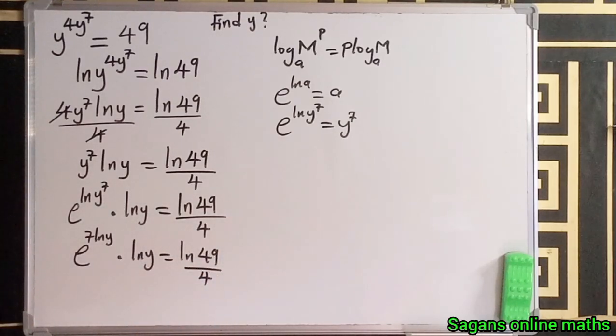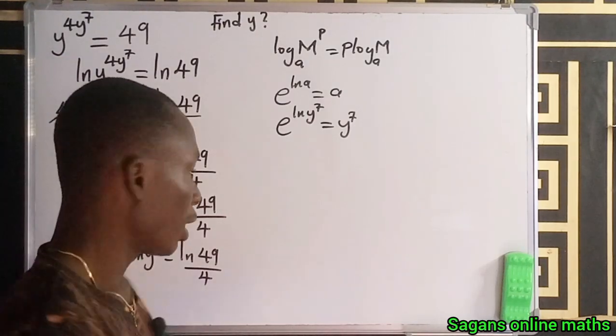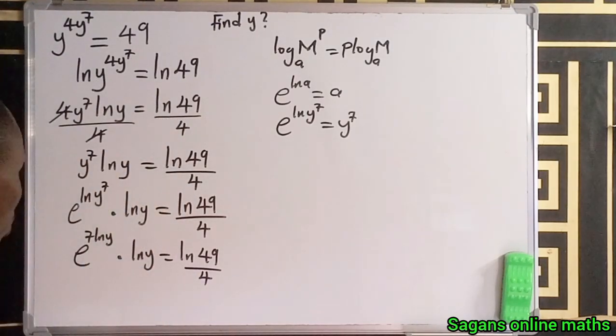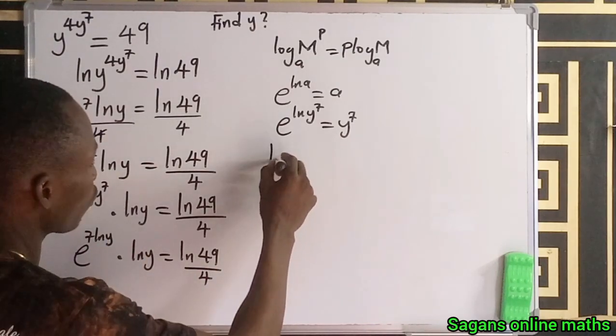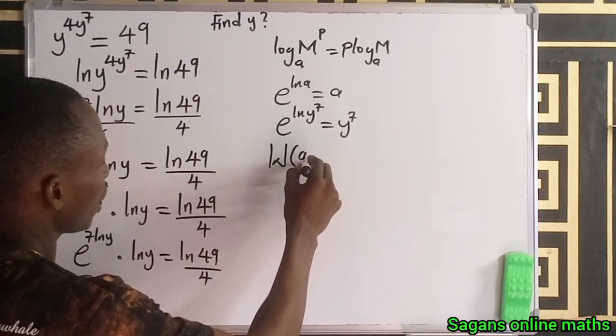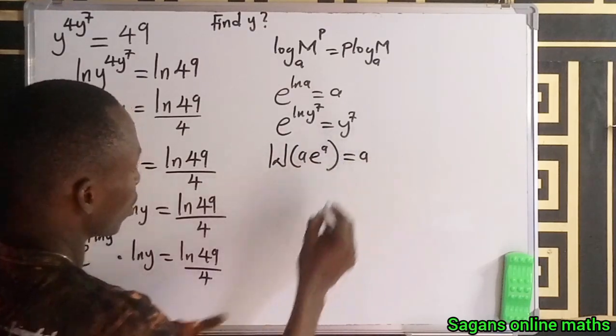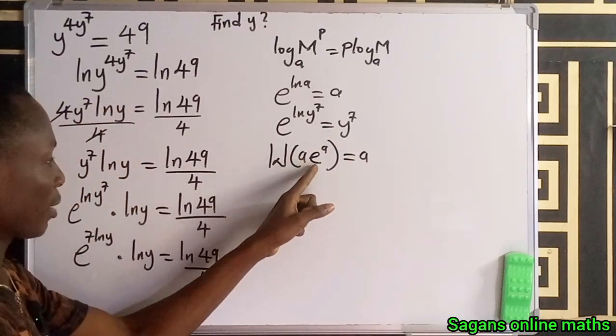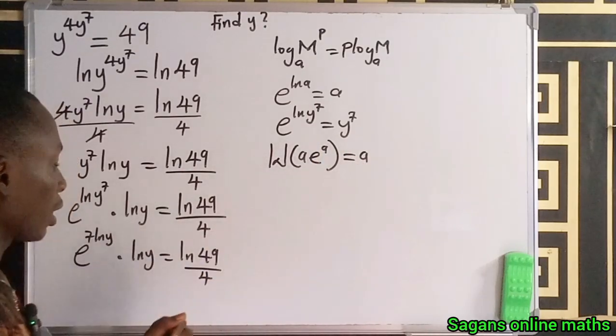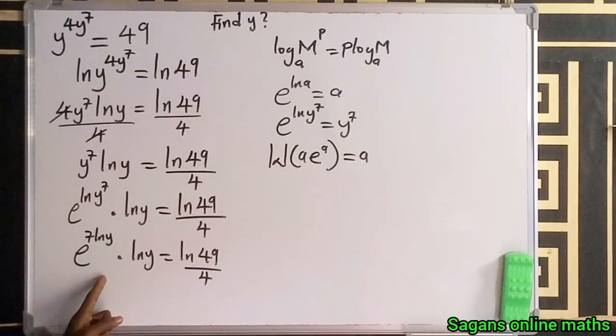Now what are we going to do here? Let's look at this question carefully. Do you know that if you take the Lambert W function of a multiplied by e to the a, it is always equal to a? Now we can do something very interesting here.